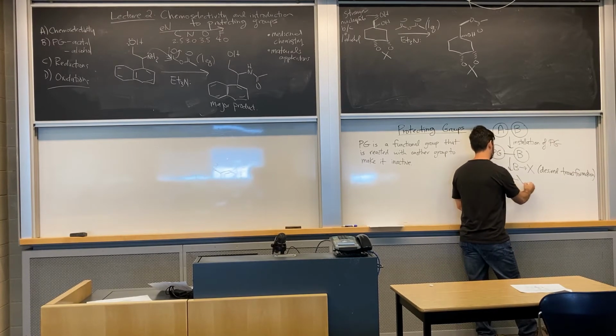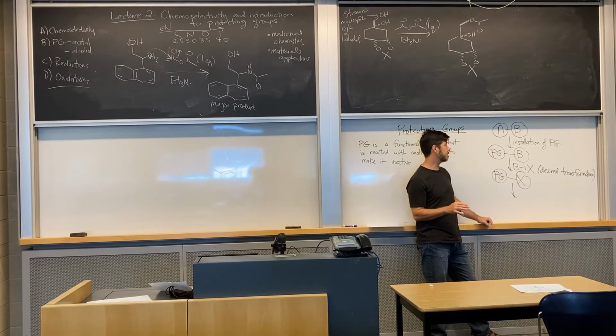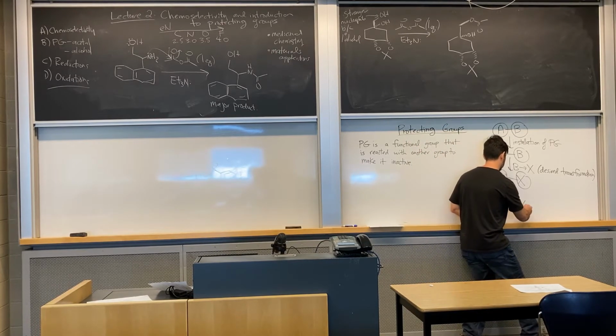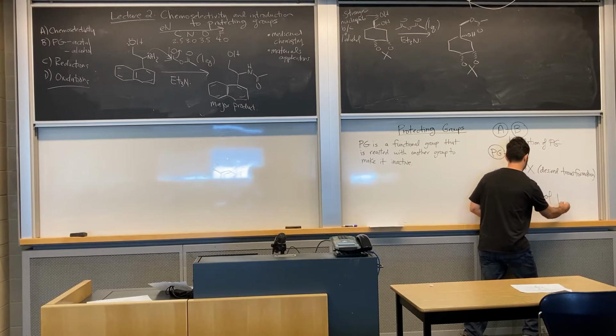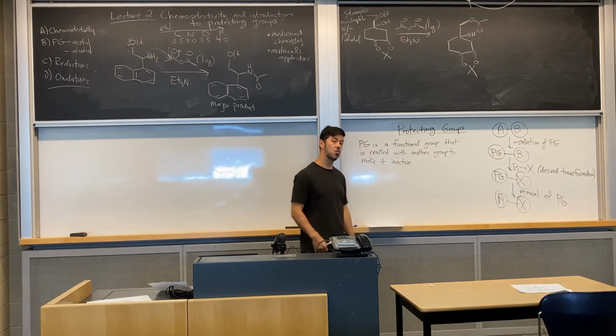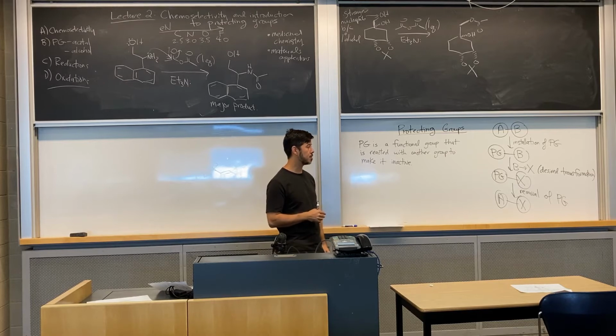And then finally, we need to go back and remove that protecting group and go back to the original functional group A. So this is your general scheme of how a protecting group works, and you're going to apply this type of mindset for a variety of different organic molecules.